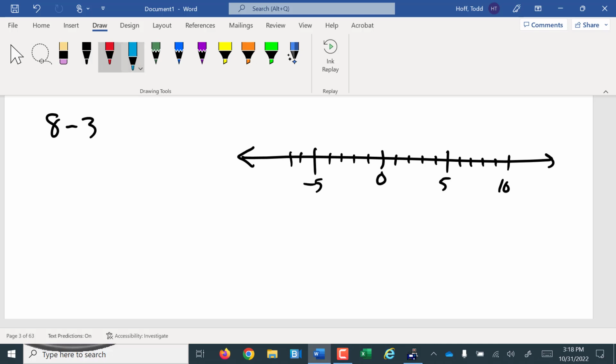If I asked you to draw out 8 minus 3, you'd probably draw something like this. There's 8, minus 3 brings us back to 5. Well, we all knew that 8 minus 3 was 5. We did not need the picture to do it.